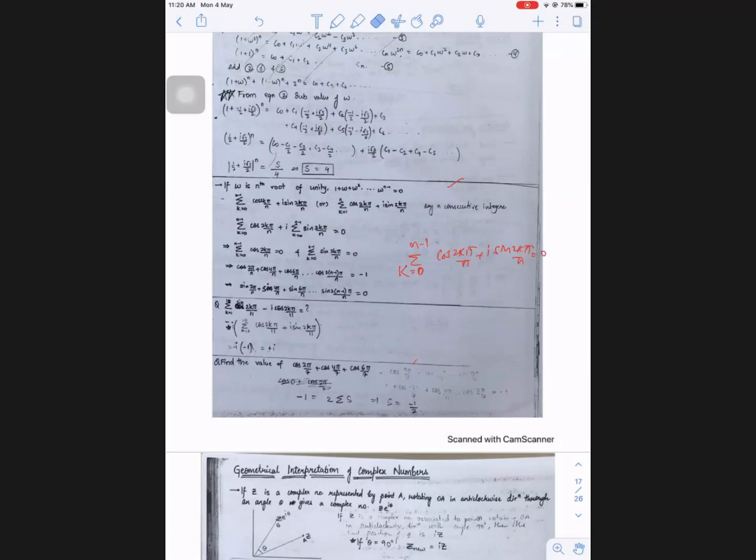So if you observe, what you are getting is separately that the cos part sum is 0 and the sin 2k pi by n sum is also 0. Like by using this many trigonometry problems you can solve. Means cos 2 pi by n plus cos 4 pi by n and so on, up to cos 2 into n minus 1 pi by n, the result is always minus 1 and the sin sum is giving 0.